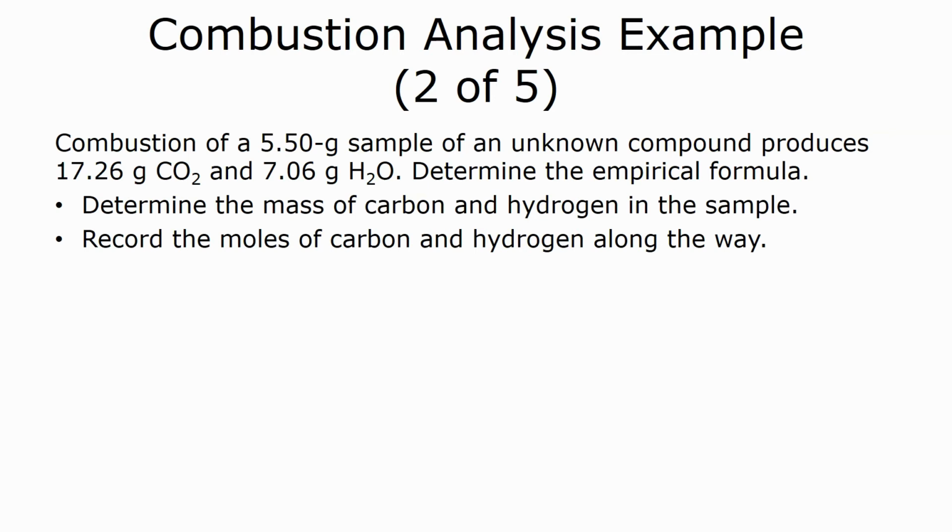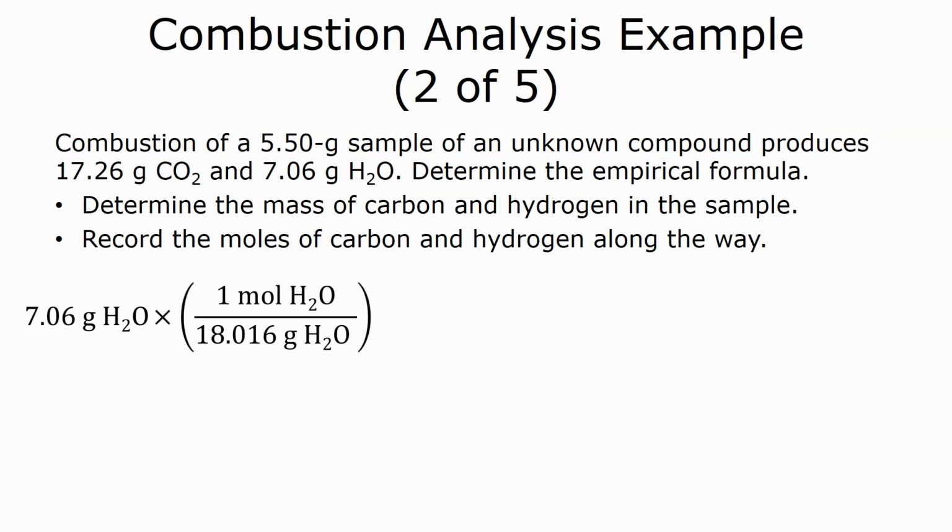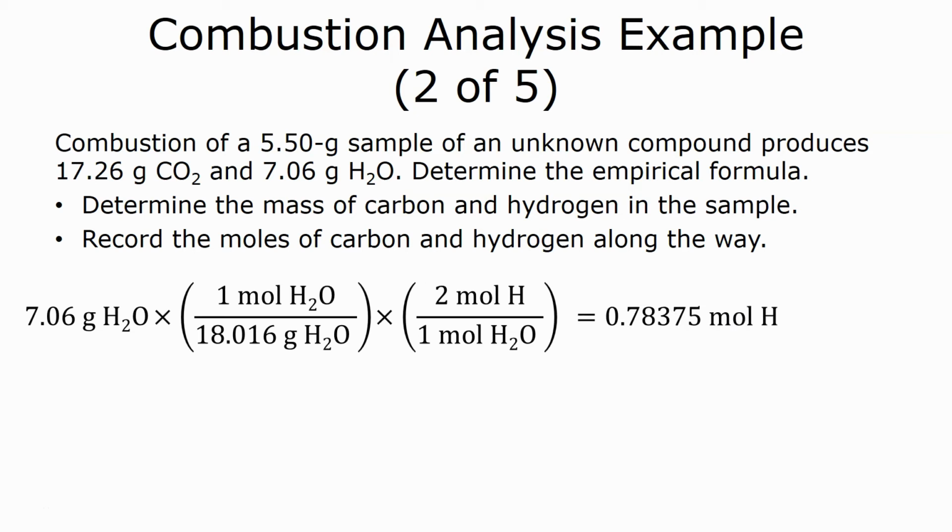Now we perform the same calculation with water, but it's a little different. We take our 7.06 grams of water, convert that to moles of water, but now we want to convert moles of water to just moles of hydrogen. Now, in the water molecule, there's 2 hydrogens for every 1 oxygen, or 2 hydrogens per molecule. So this is a 2-to-1 ratio. This is going to double the number of moles, and this is the only way to make the calculations work out.